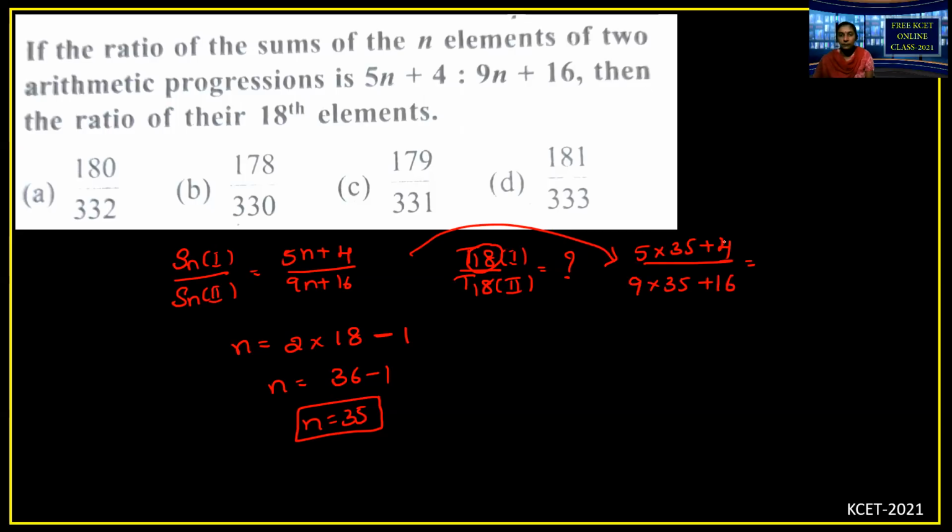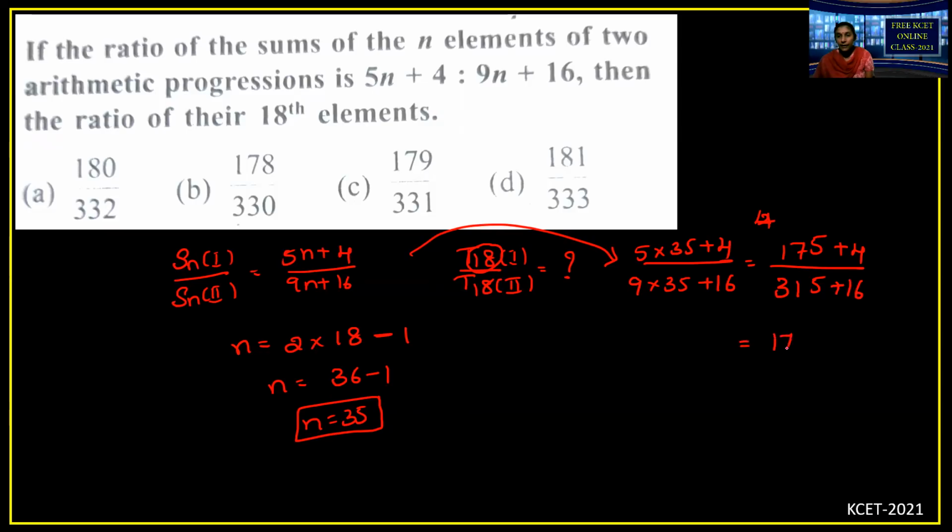So we get 35 5s are: 5 5s are 25, 2 carry, 5 3s are 15, 15 plus 2 is 17, so 175 plus 4, divided by 35 9s: 5 9s are 45, 4 carry, 3 9s are 27, 27 plus 4 is 31, so 315 plus 16.